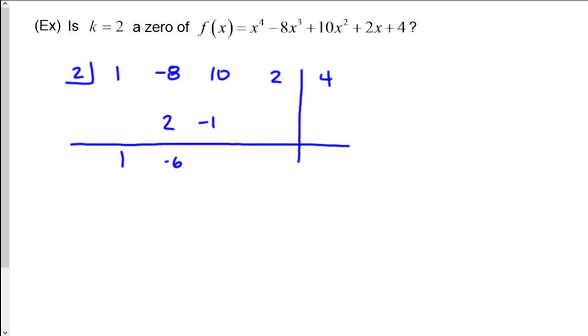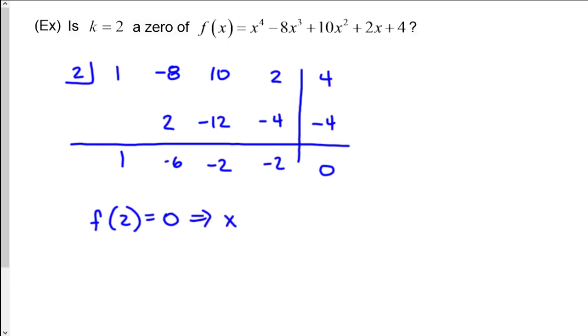Negative 6, negative 12. 2 times negative 2 is negative 4. This would be negative 2. 2 times negative 2 is negative 4, which results in 0. So f evaluated at 2 equals 0. Therefore, k equals 2 is a 0.